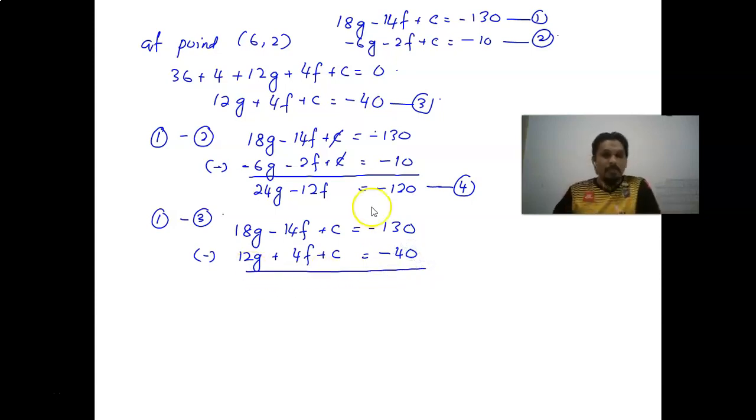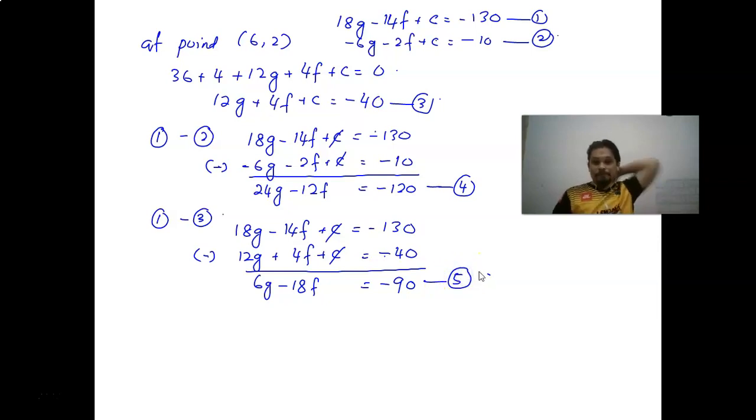Then 18 minus 12, 6g, negative 14f minus 4f, negative 18f, c minus c equals 0, equal to negative 130 plus 40, negative 90. Equation 5.